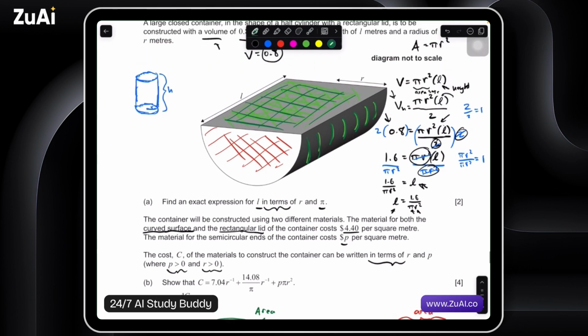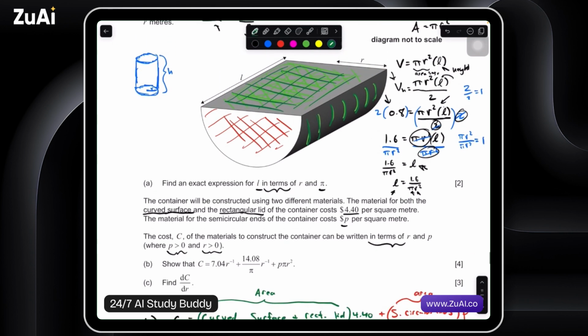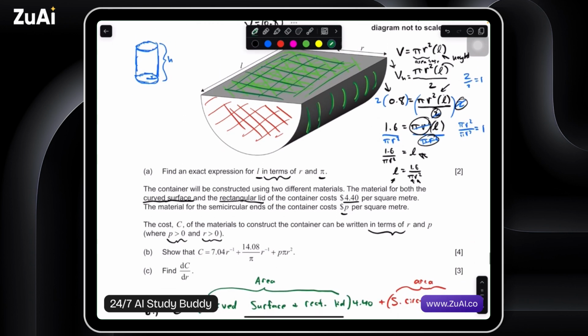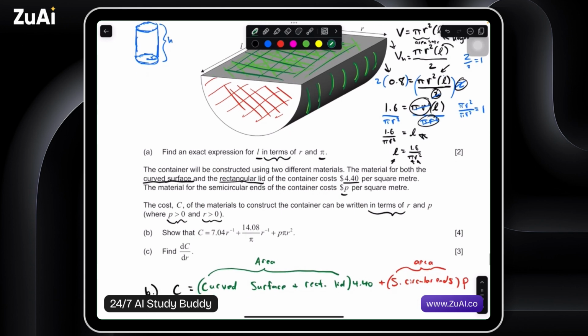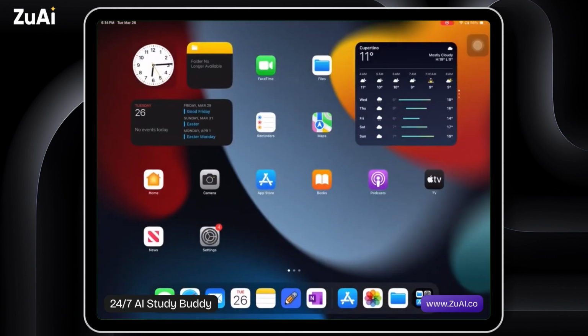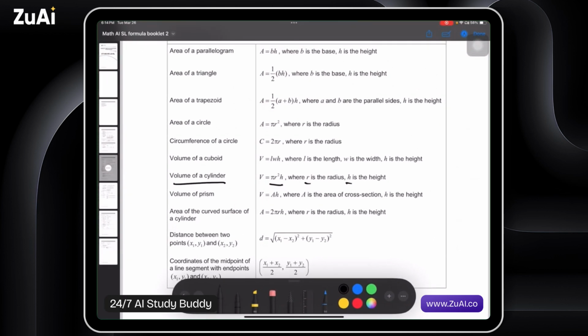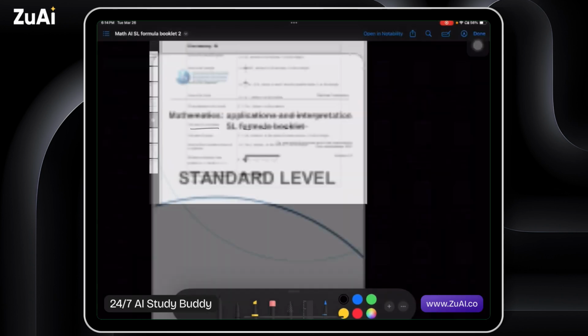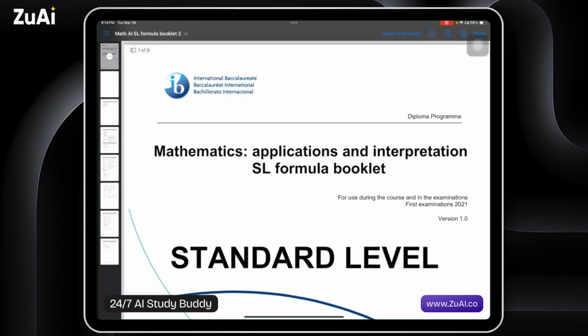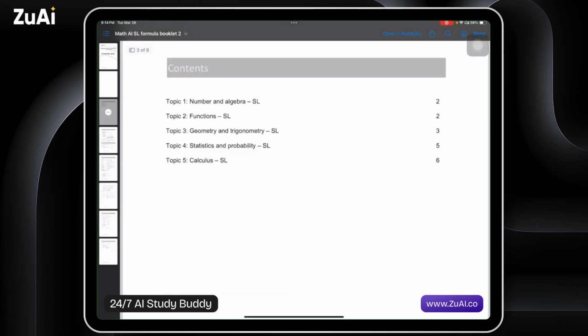So the curved surface, what is the surface area of a cylinder? This one's actually in your formula booklet. I'm going to go there real quick, and we'll speed up this one as well. So where are we? The curved surface of a cylinder. So geometry, trigonometry.